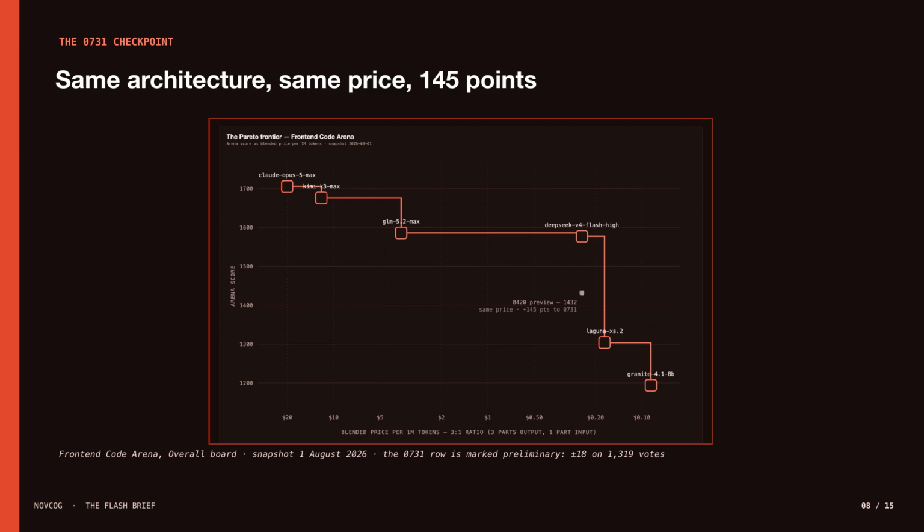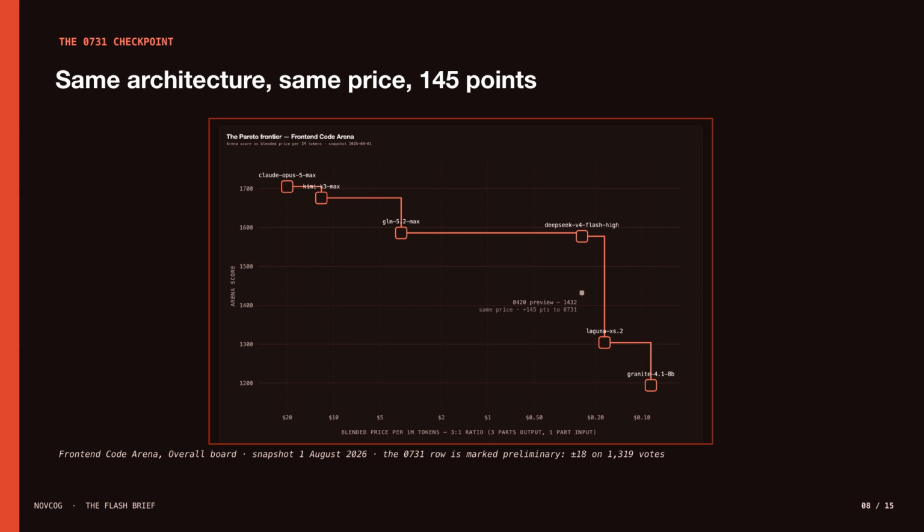On the 31st of July, DeepSeek shipped the checkpoint known as 0731. Same 280 billion over 13 billion architecture, same price card. Only the post-training changed, and it moved 145 points on Arena's front-end code arena, from 1432 to 1577. 44 places at an identical price.